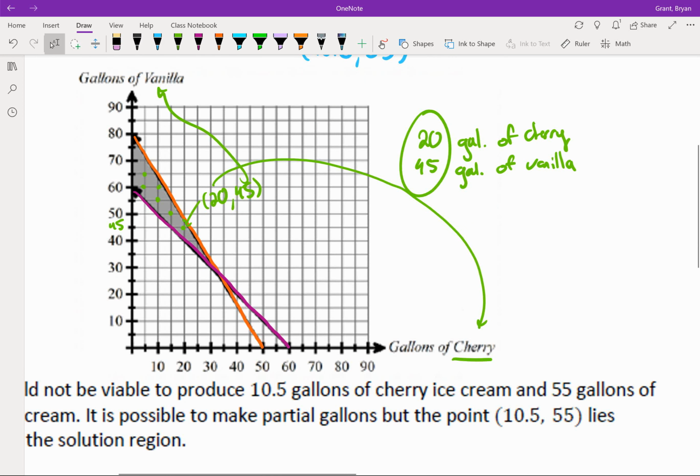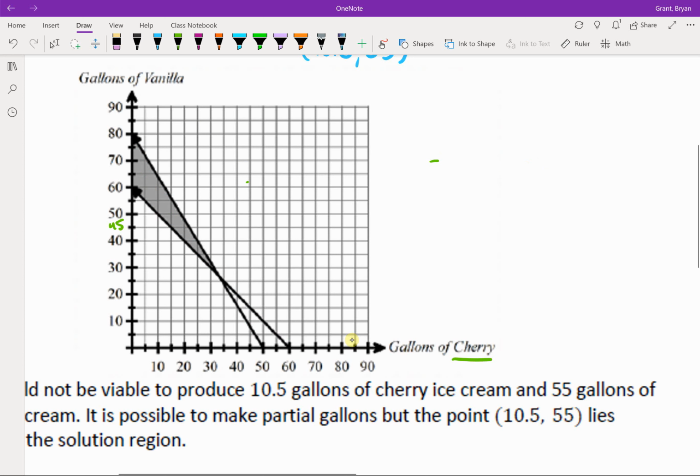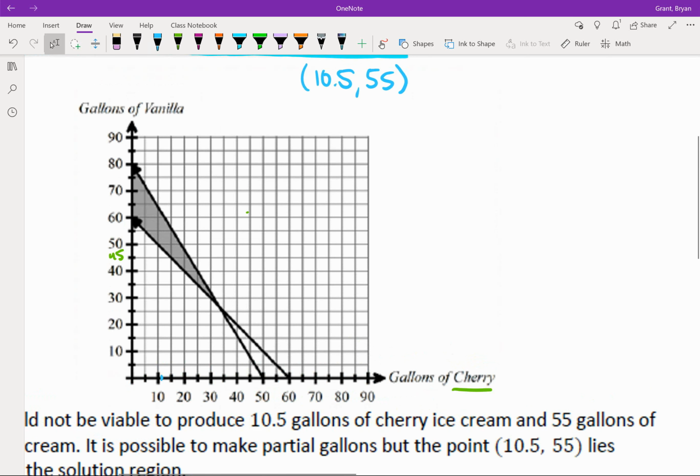I'm going to erase all this extra stuff in here. 10.5 is really close to 10, and 55 is right here. Anywhere between 10 and 15 is still going to land us up here. If you thought it was over here, that's fine, it's still going to land us inside. But 10.5, 55 will be right about there. We need to notice that that point lands within the shaded region, and if it lands within the shaded region, then it is good to go.